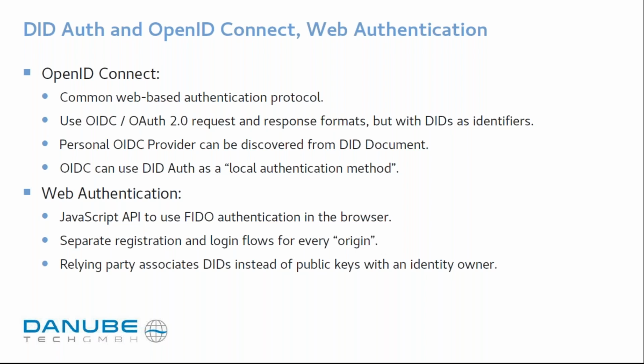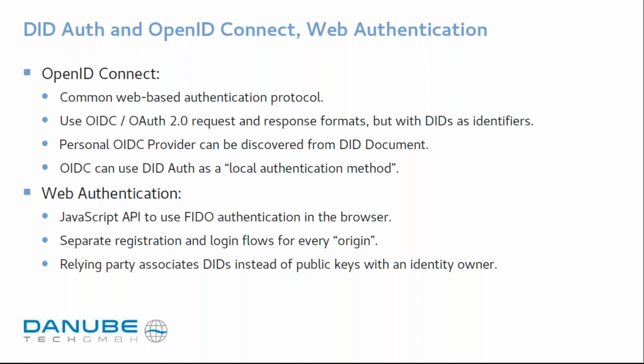And some of these scenarios could reuse aspects and parts from these established protocols. We've had these discussions and sessions and some conceptual work on what that would look like. So, for example, you could absolutely implement an OpenID Connect interaction where the identity owner has a personal OpenID Connect provider.